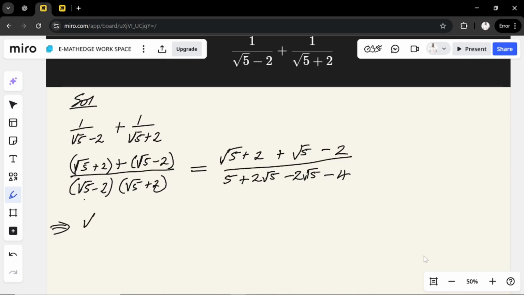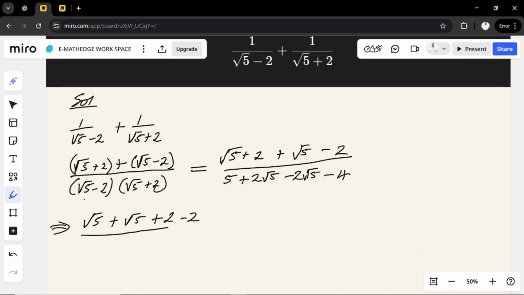We are going to have the root of 5, which is this, right? Adding up to the root of 5 is going to be plus the root of 5. Then the positive 2 will come next. We are going to have plus 2, and the negative 2 will come last, right? We decided to collect the like terms so that it will be easy for us to simplify.